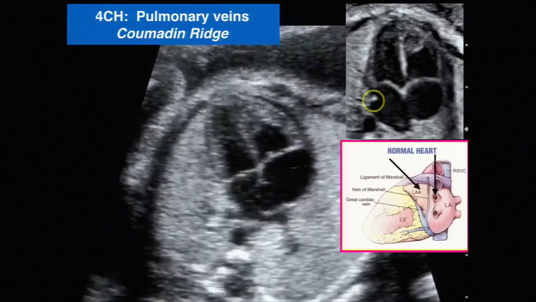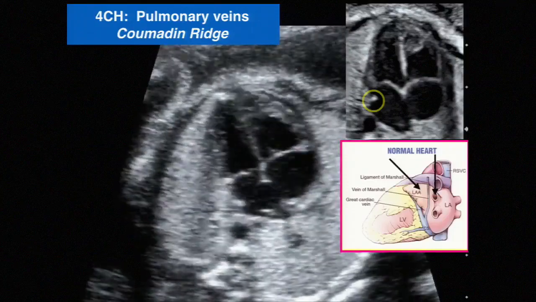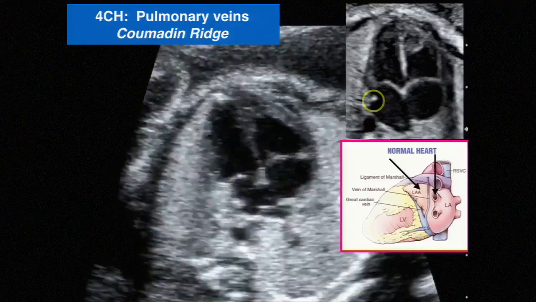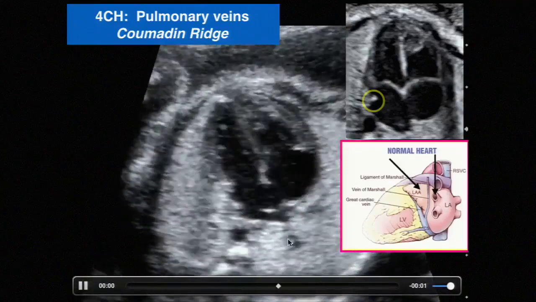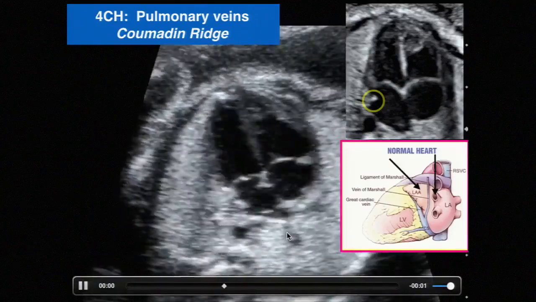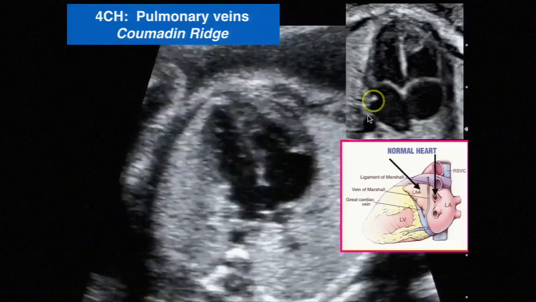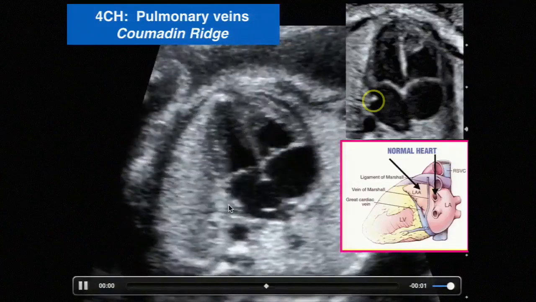Things I'm looking at also as I'm coming through, so pulmonary veins, obviously we've discussed TAPVR can be a very difficult diagnosis to make, particularly if it's an isolated anomaly. So I'm looking for the pulmonary veins in 2D first, but this little Coumadin ridge, this ridge of tissue that I mentioned yesterday, is also nice to see when you're looking at the left atrium.